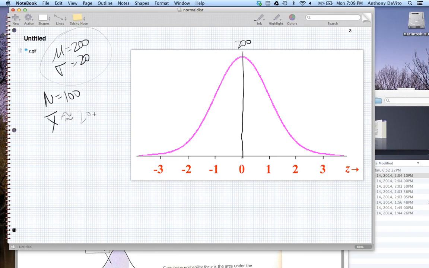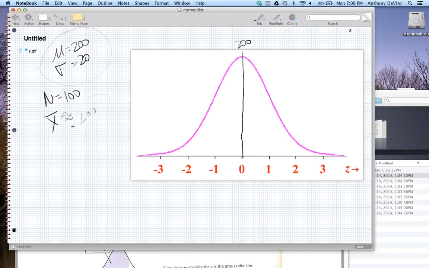If it's the same population where the average for everybody is 200, we'd expect if we took a big sample, like 100 is a pretty big sample, it would also be around 200. Might not be exactly 200, right? Because we might get a few more people that are lower or higher on whatever score this is, but we'd expect it to be close to 200.